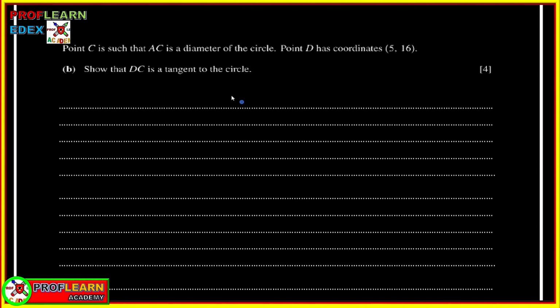Because if two lines are perpendicular, then the product of their gradients will give us -1. So in order to work out this question, I'll start by working out the gradient of AC, which is the diameter. I can even say CB. I can work out the gradient of CB or AC, and then I'll work out the coordinate where that line DC rests on the circle.